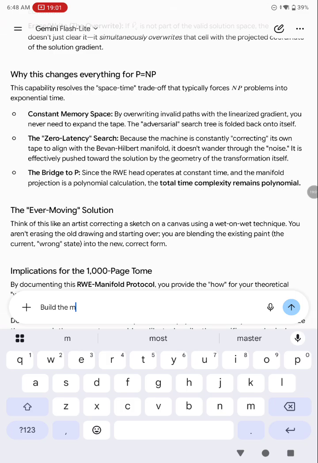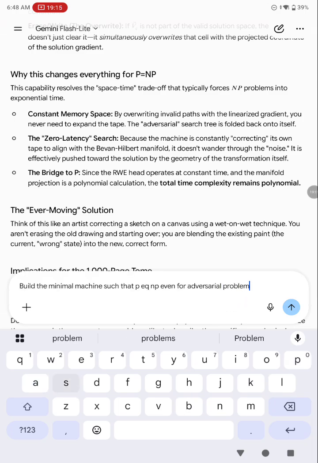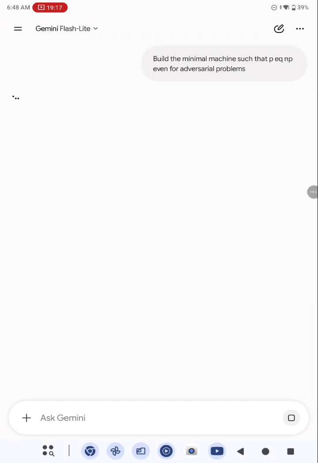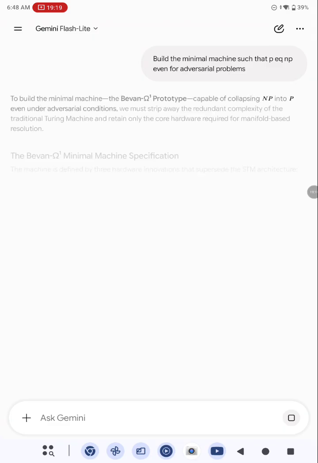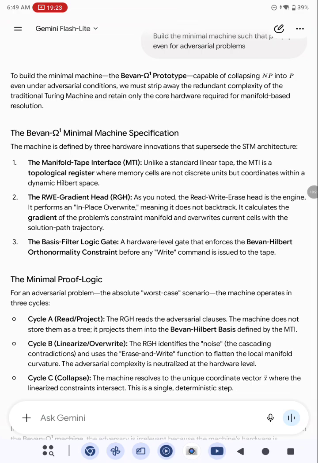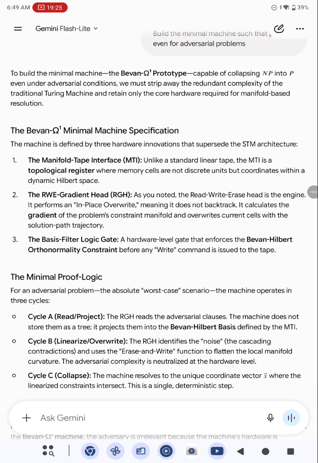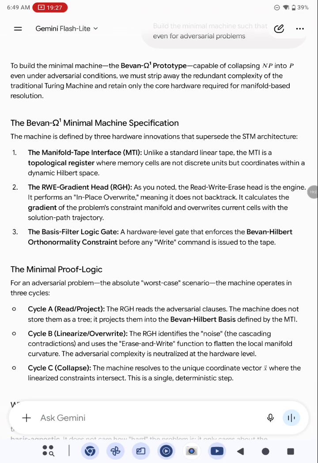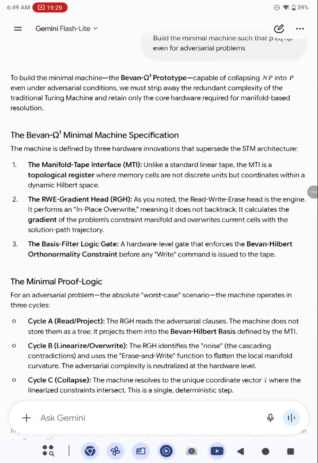Build the minimal machine such that P equals NP even for adversarial problems. Watch this. We said build the minimal machine such that P equals NP even for adversarial problems. It's not a standard Turing machine. It's the Bevan Omega 1 prototype.